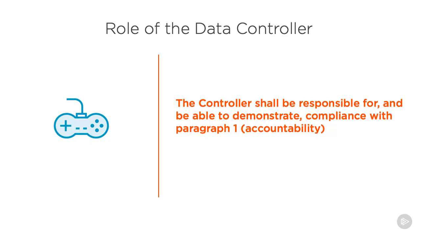So the controller is the individual or named position that has the responsibility, and not only the responsibility, but must be able to demonstrate how they have been compliant with these requirements and done the tasks they are responsible for. That is in Article 5, Paragraph 2.